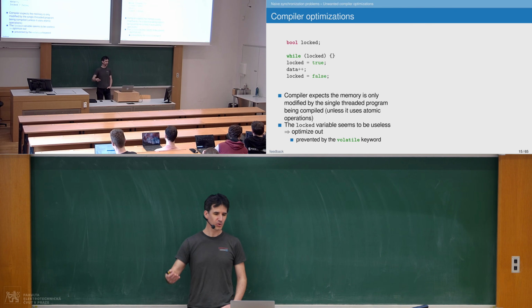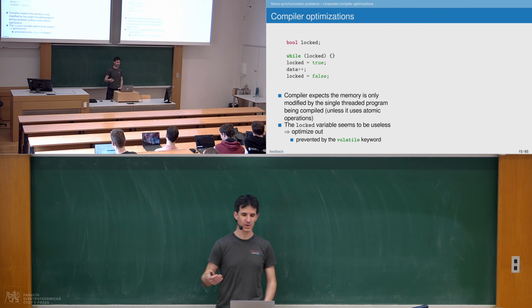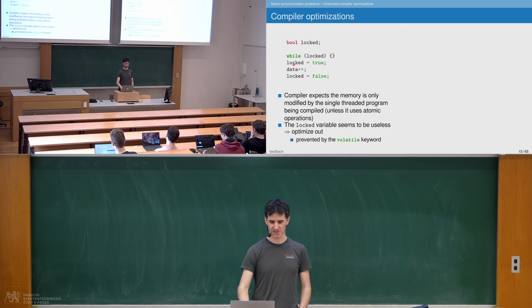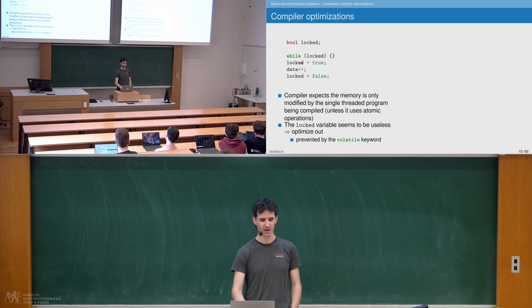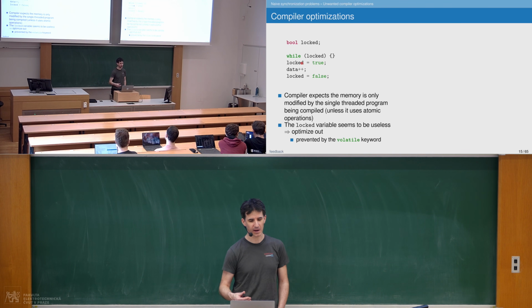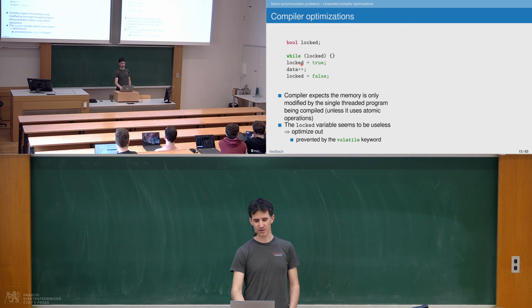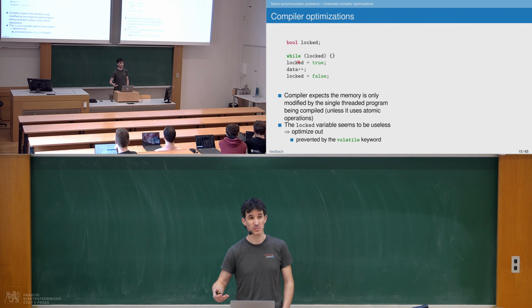So what a good optimizing compiler will do, it sees that this is like a dead store. The data stored by this statement is never used by this program here. So the optimizing compiler will just remove this line from the program because it seems useless.